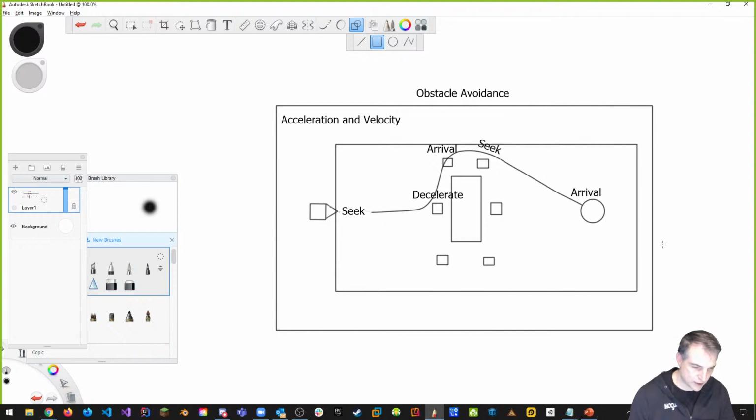If this is my shape, I can say, am I overlapping with my target? The answer is yes. Am I overlapping with another target that's inside? Let's say, for example, I have some other shape here, and another shape here.